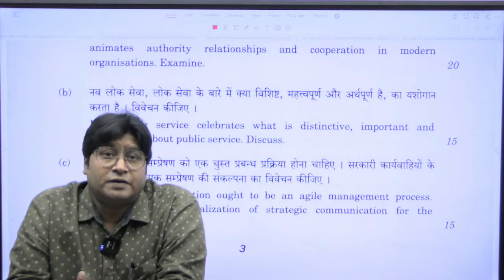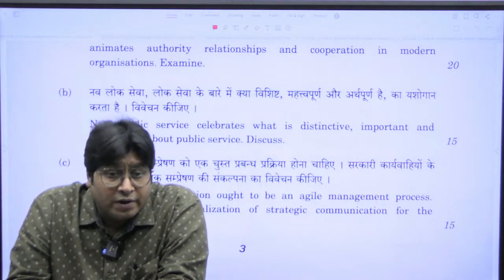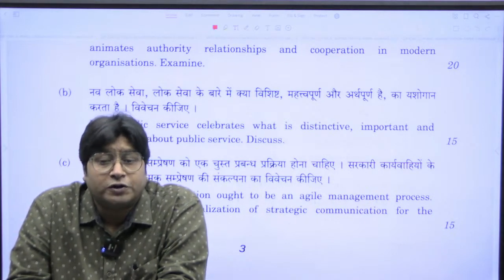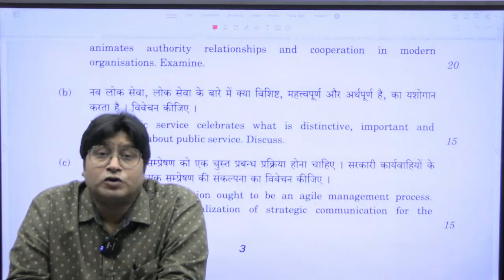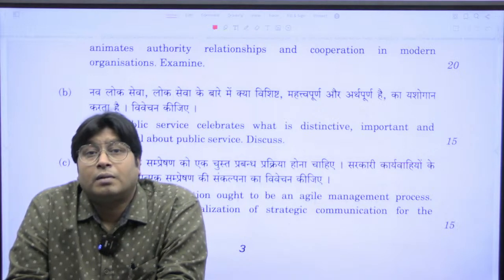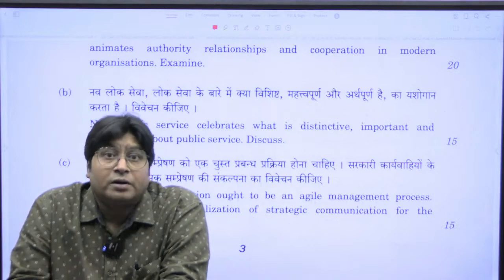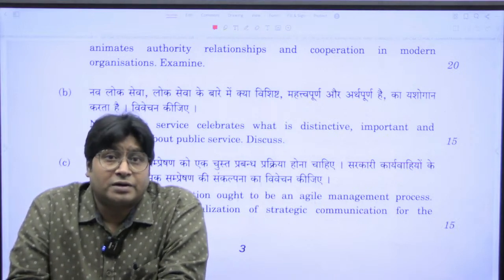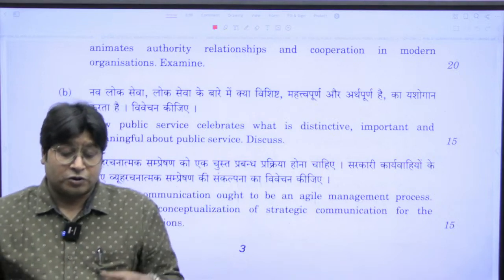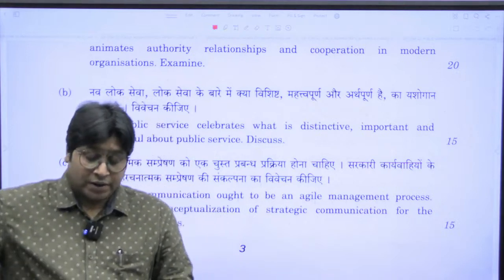So new public service or Neo-Weberian state, or NPG, new public governance, or for that matter the whole of government approach, WGA, right? And postmodernist perspective, public policy, postmodernism in leadership and motivation, right? Postmodernist concept of authority, governmentality, right? That is one area which again can be understood here. So we must look out for such unique developments also, right?